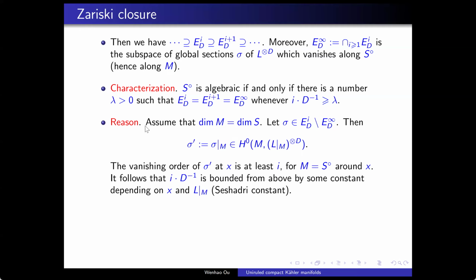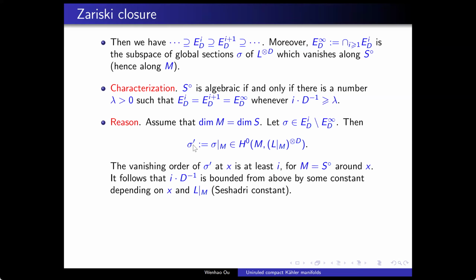We can visualize a little bit the reason for this argument. Assume that we have equality between dimension S0 and dimension M. And I consider some sigma which is in E_I,D, but which is not in E infinity. So sigma is not entirely zero along M, and I can restrict sigma to M. It is a non-zero section of L^D restricted to M. I call this sigma prime.